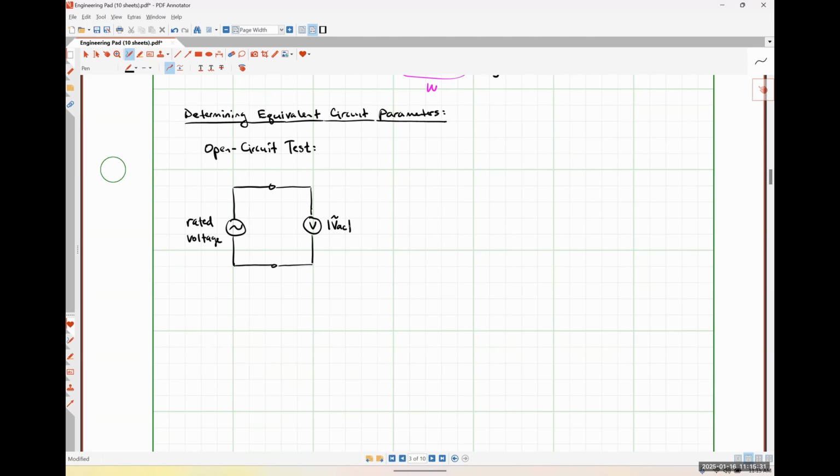Really, it's telling us just the magnitude of the voltage that we are applying to this thing. We are going to have an ammeter, which is telling us the magnitude of the current. And then over here to the right, we are going to have our watt meter.